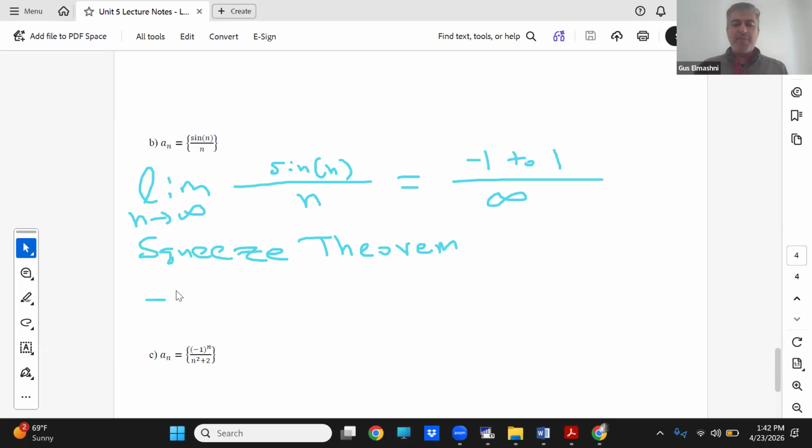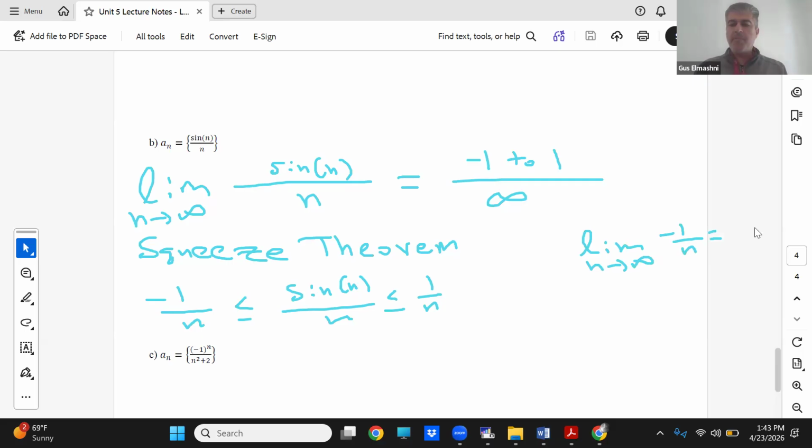Let's compare. This is true, right? What's the limit as n approaches infinity of -1 over n? 0. And what's the limit as n approaches infinity of 1 over n?